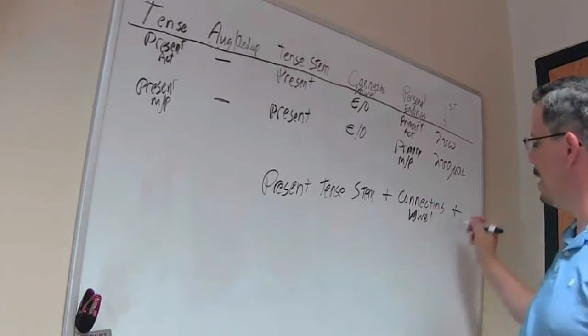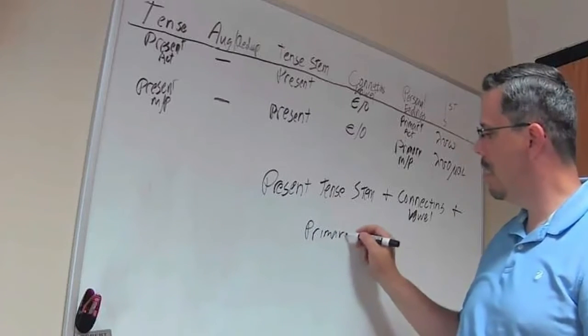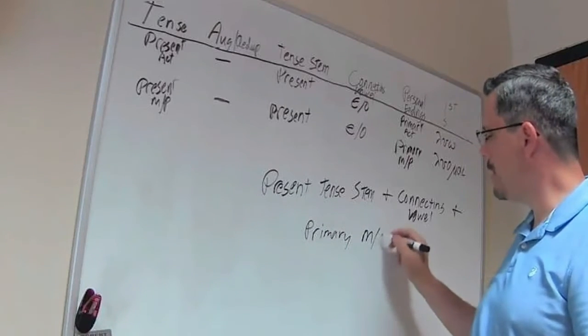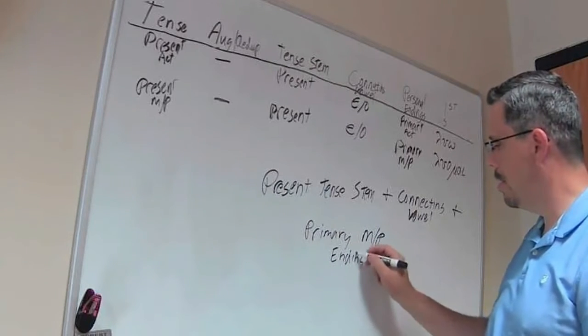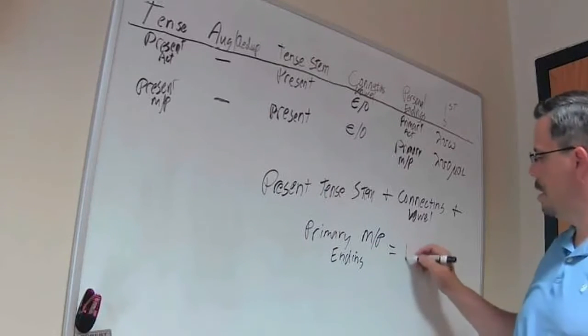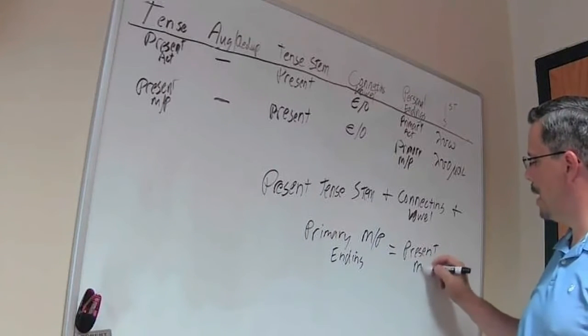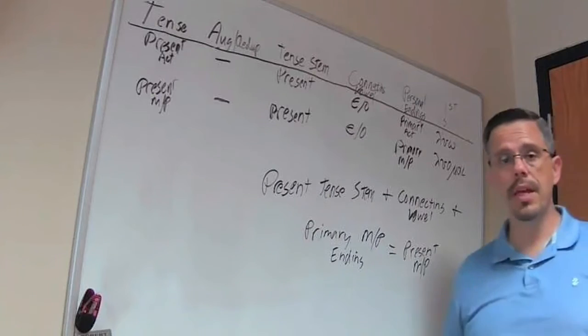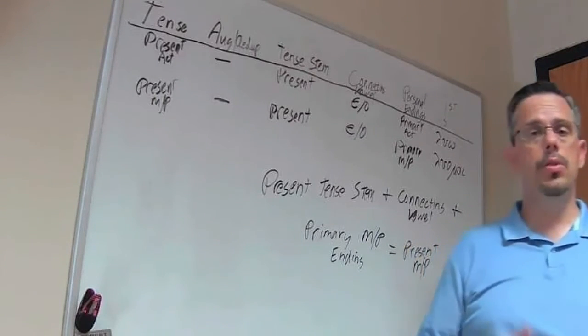And you add to it the primary middle passive endings. The resultant of that is present middle passive. That's it.